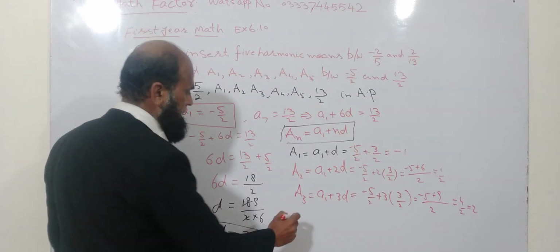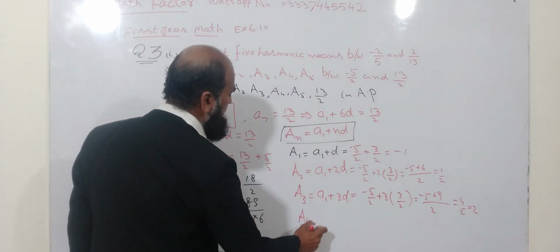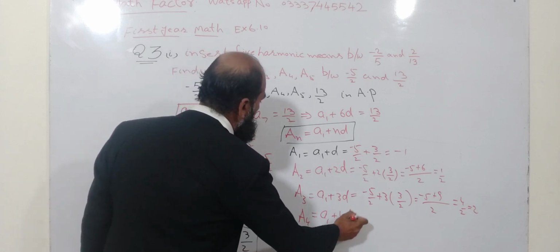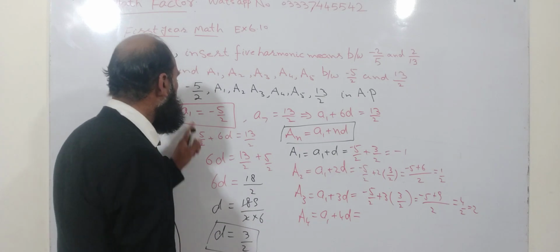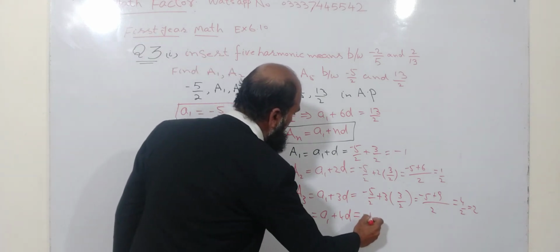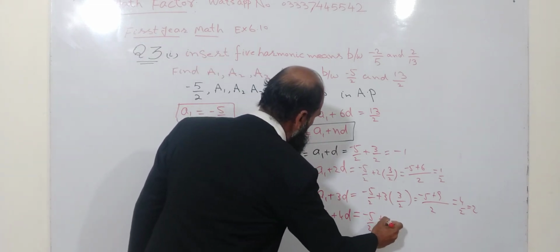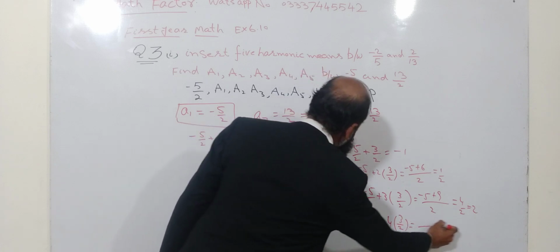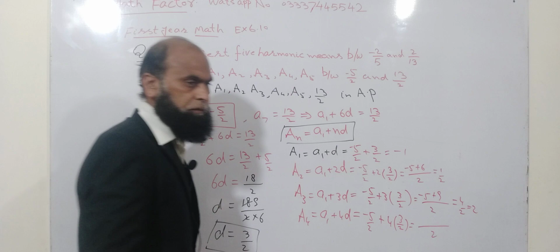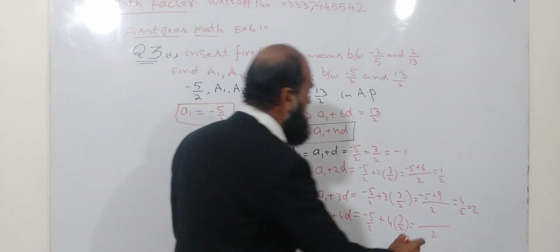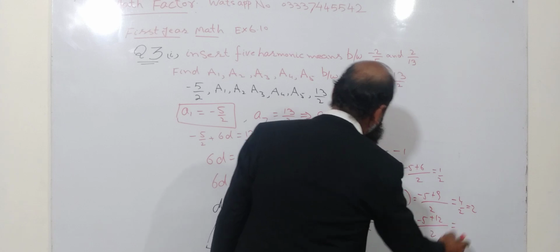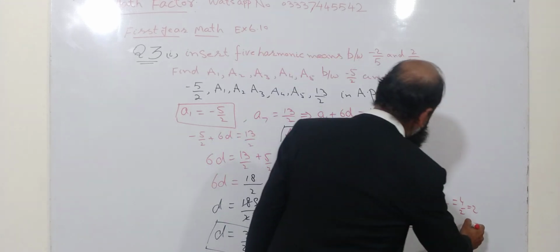Next term, A4 is equal to a1 plus 4D. Next we replace here a1 is equal to minus 5 by 2 plus 4 into 3 by 2. Similarly our LCM is 2 and our value is minus 5 plus 12. Answer is 7 by 2.